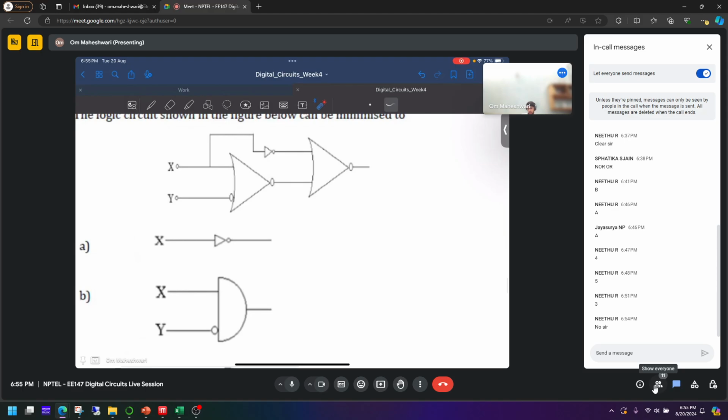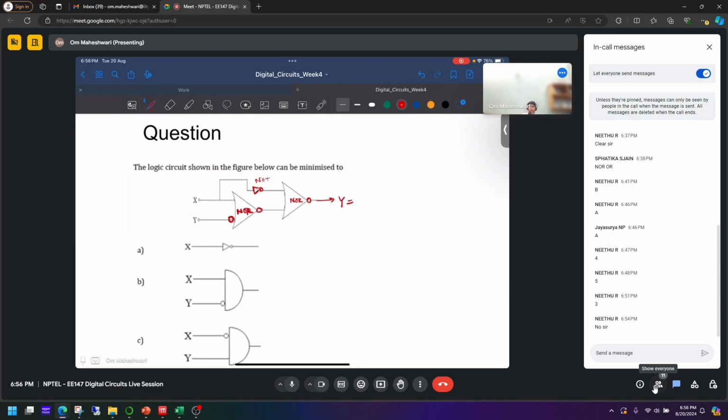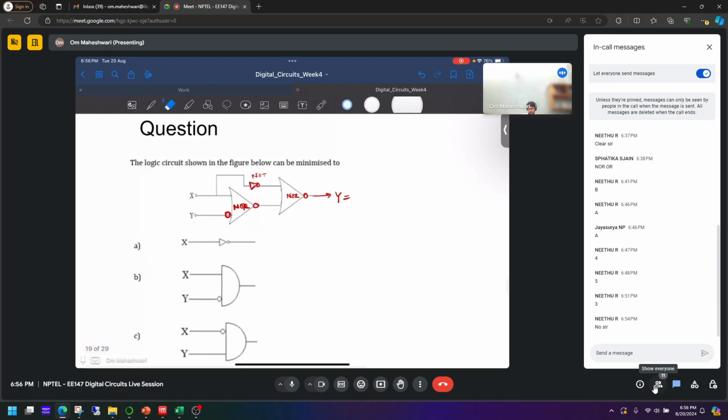So this is a NOR gate. If there is any confusion, we have a bubble here. NOR, NOT, again NOR. What would be the output here? Then only you can answer. So this is going to be Y, let's say F.